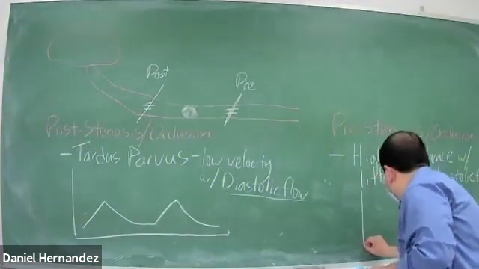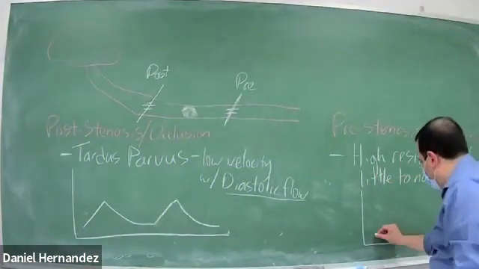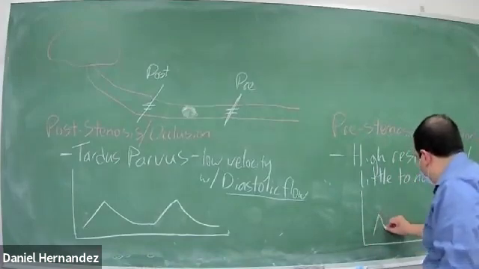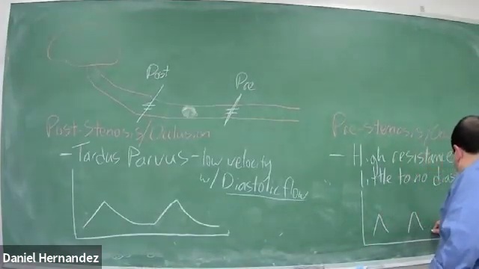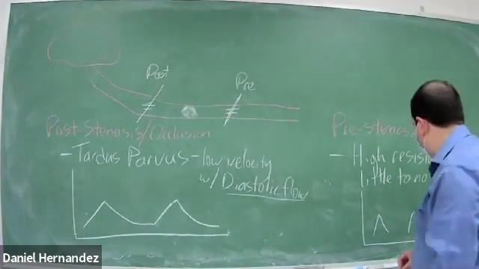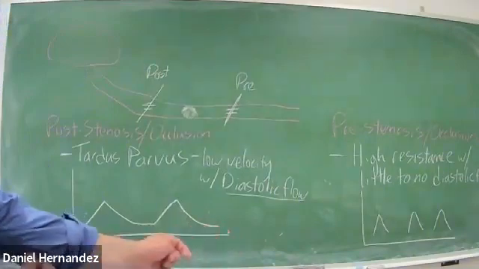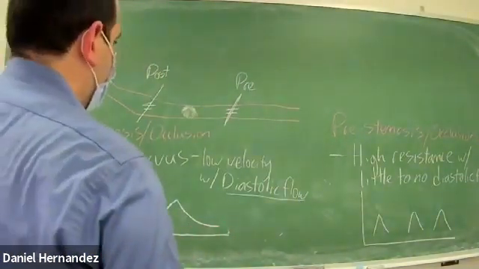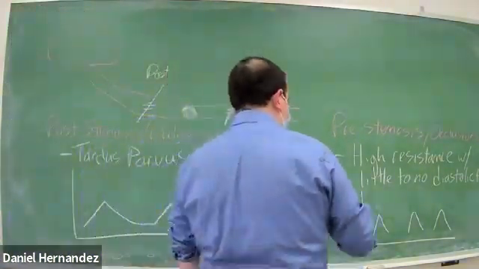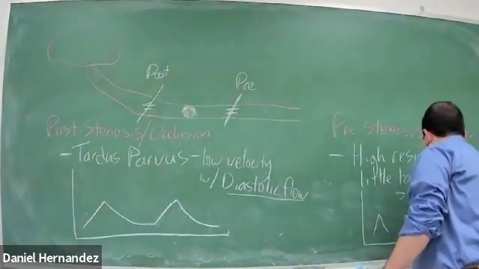This is going to be that systolic thumping that we get, where we just get our systolic peaks with little to no diastolic flow. Systolic thumping.